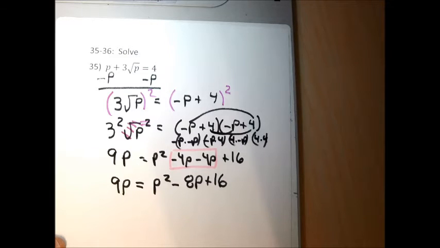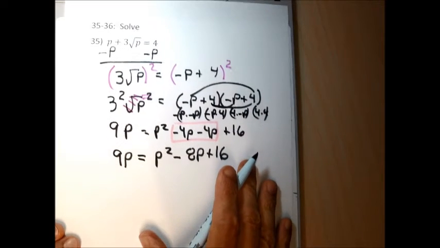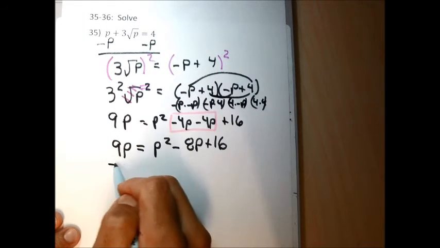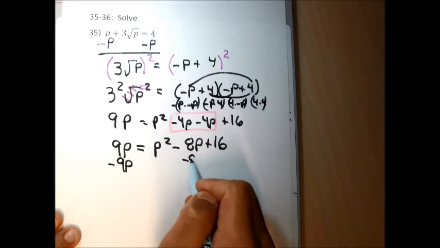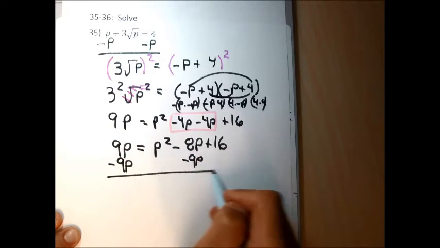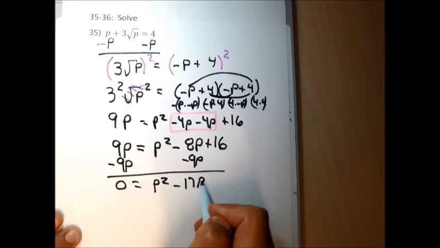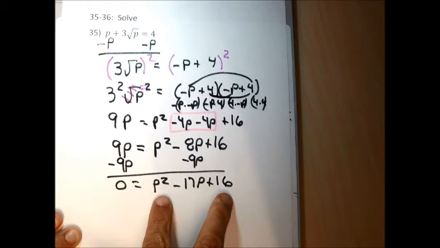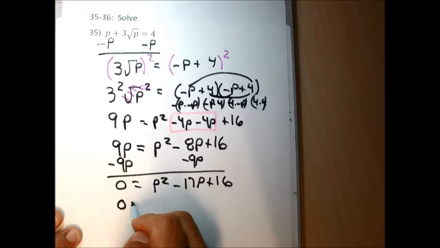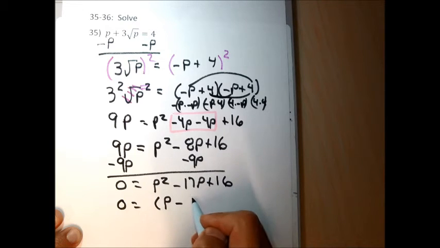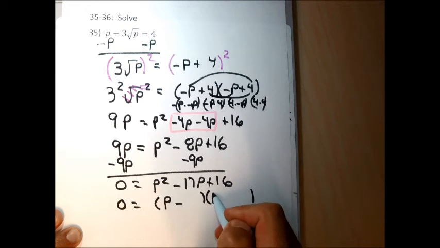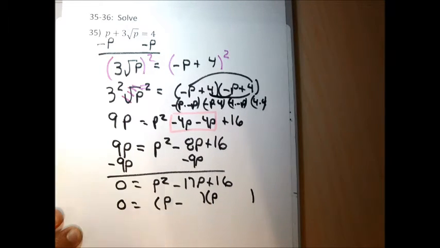I need to set this equal to 0 because I have an equal sign and a square. I'm going to set it equal to 0 and solve by factoring, or the quadratic formula if you can't factor it. So this gives me 0 equals p squared minus 17p plus 16. If you can't factor this, use the quadratic formula to get this solved. But for me, this isn't hard factoring. I'm assuming that you can do the quadratic formula without me showing you.